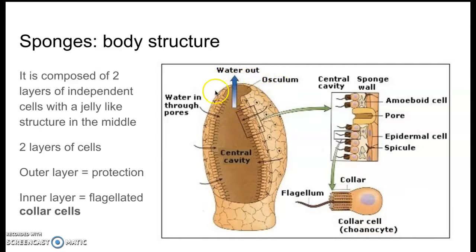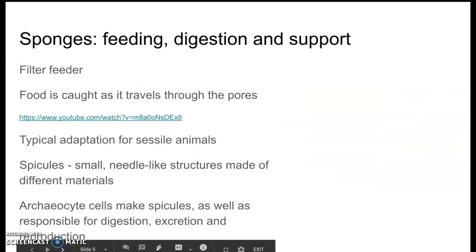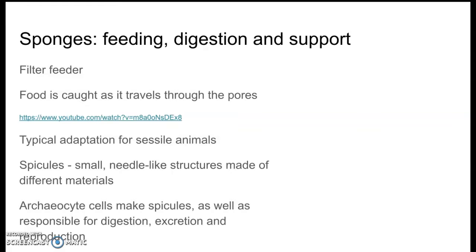So this is considered the mouth and the anus because, as you can see, it only has one hole, and here's the central cavity where the water just filters through. It's very interesting how this works as a filtration system. So because they filter like this, they're considered filter feeders.